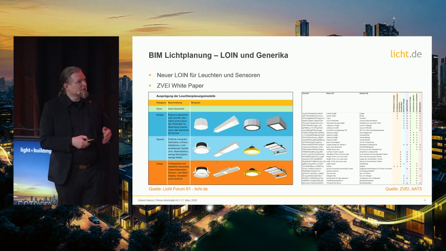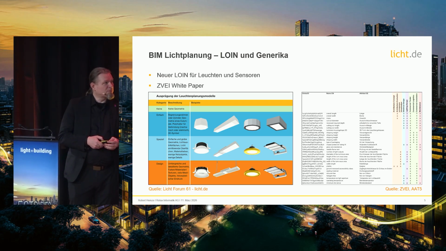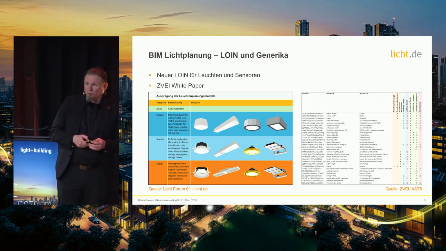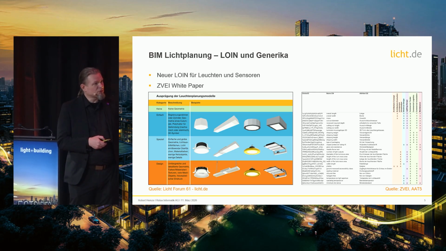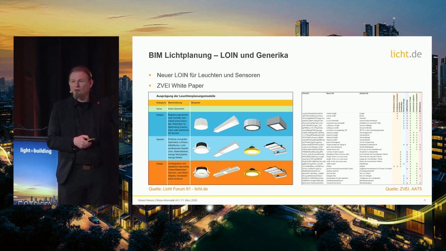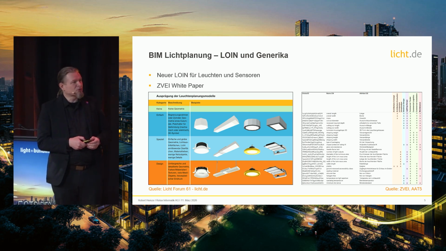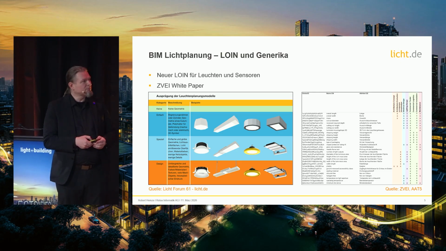Then, as we've heard from Jake Jacob in the presentation, there is a fresh paper about LOIN. This has been published recently. You can find it at licht.de. And you can see all these tables which we've seen with the allocations, which feature is good for which application. And this can be downloaded free of charge from licht.de.